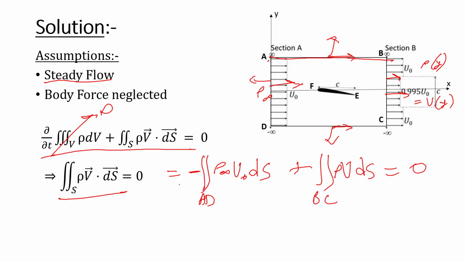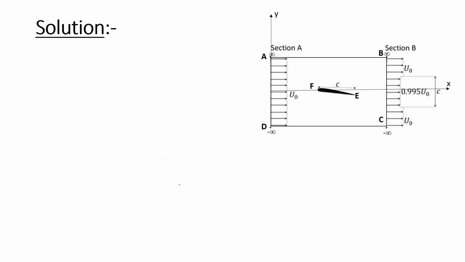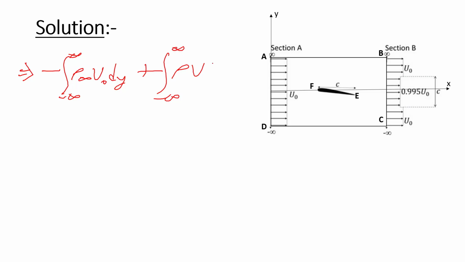Now we will simplify it. In the z direction, we take unit length, so our integration will become: integral from minus infinity to infinity of rho infinity u naught dy plus integral from minus infinity to infinity of rho u dy equal to 0.